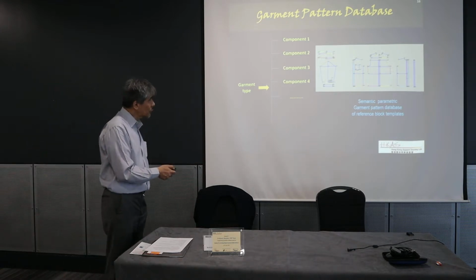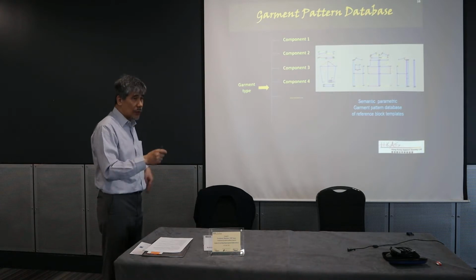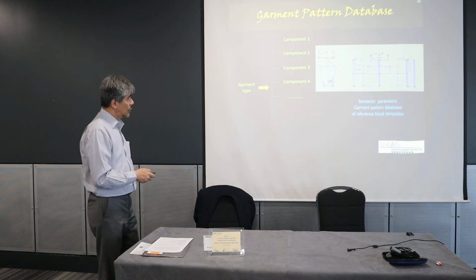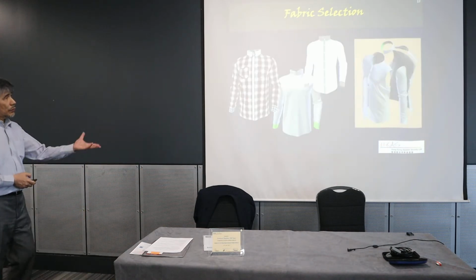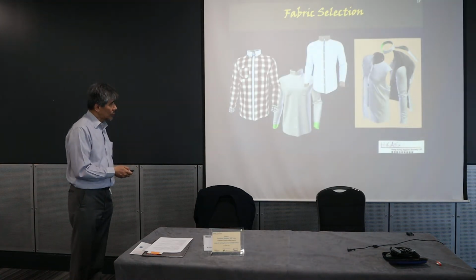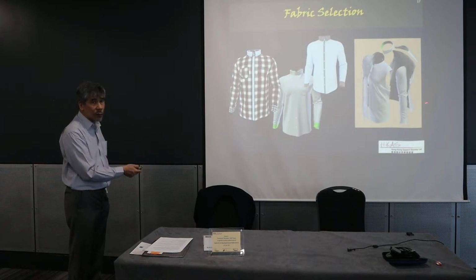Each one of them can be parametrically changed so that you will have different bodies, fitting different body sizes. Fabric selection is the next thing that we could also do, but we'll cover that later on. Once we break it down into components, you can see that these are the different components of the shirt.